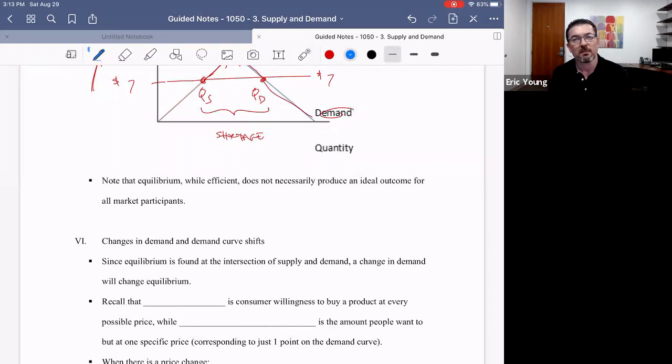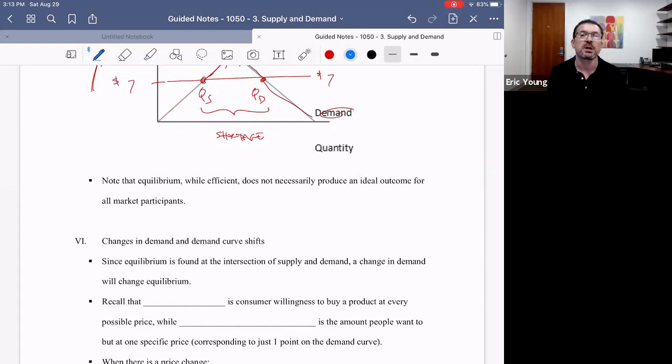The beauty of the market, or I should say the beauty of the competitive market, is that we don't need some centralized planning board or some commie dictatorship telling us what prices to charge. The competitive market and the rational self-interested choices that buyers and sellers make will naturally move to eliminate shortages, eliminate surpluses, and move prices toward equilibrium.